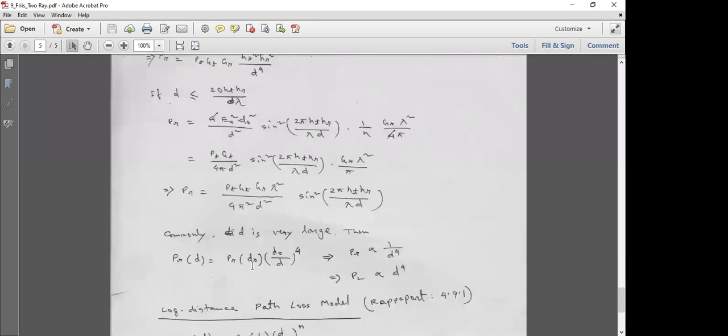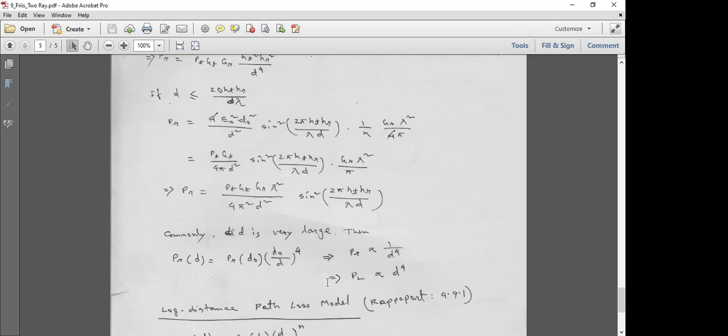Like before, at a reference distance you measure, and the measurement will give you more practical results. Mark this power level, PR at d naught. Then for other distances, when d is large, you can directly calculate using this relationship. So PR is inversely proportional to d to the power 4.